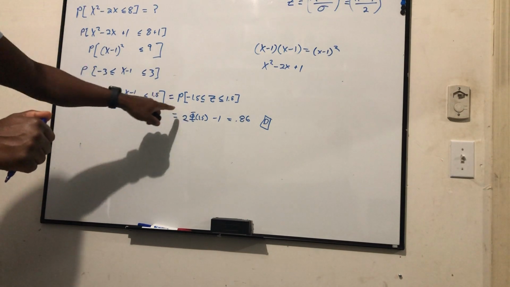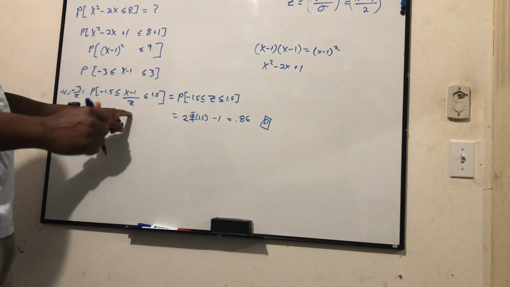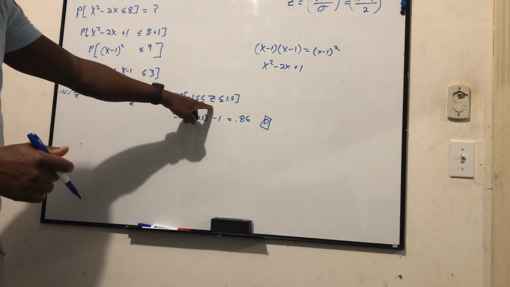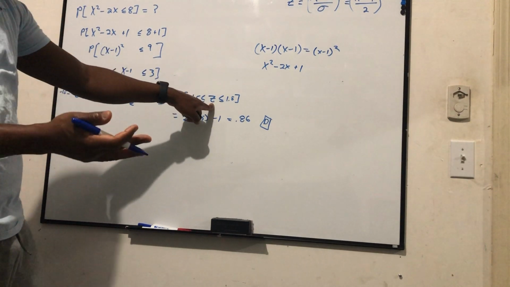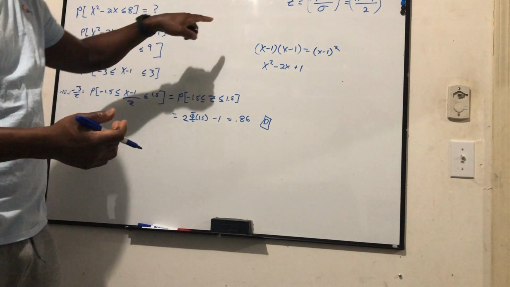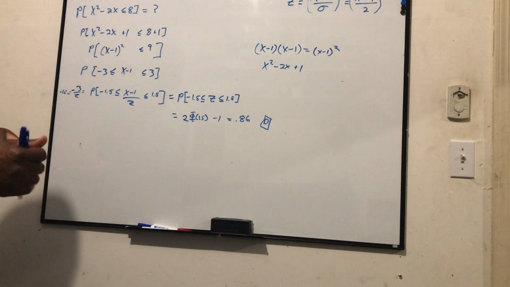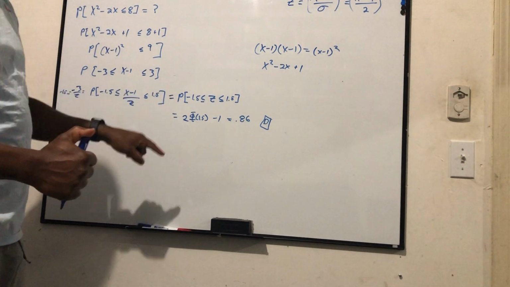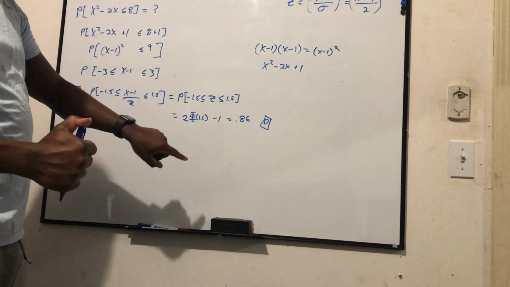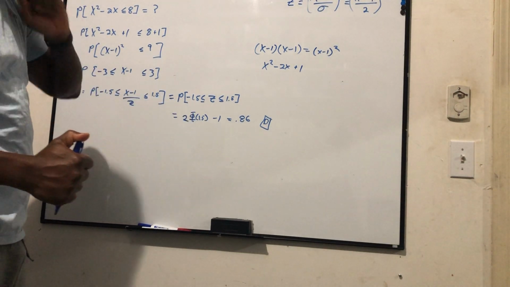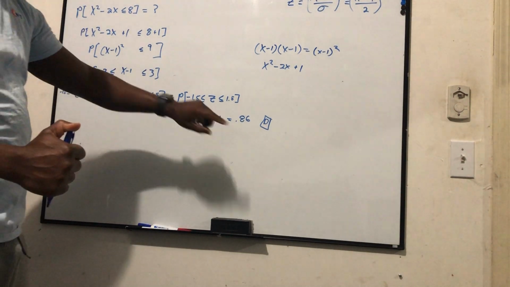We got our z-score, and we don't have to put it there. I'm just showing you this exact z. You don't have to do that, but now because we have in the z-score exactly what we wanted, we can now say that this probability is 2 times... I forgot what this is called at the moment. Minus 1. Anyways.